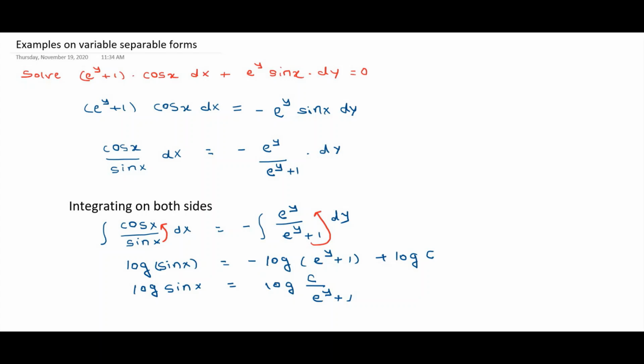On both the sides log gets cancelled, so total we get sin x is equal to c divided by e raised to y plus 1, or sin x into e raised to y plus 1 is equal to c, which is the required solution.